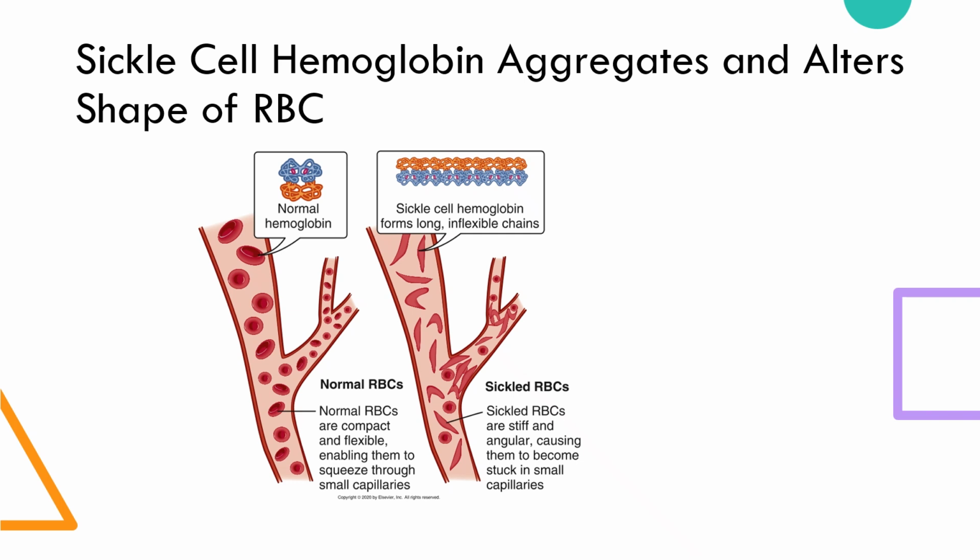The resulting stasis promotes a self-perpetuating cycle of local hypoxia, deoxygenation of more RBCs, and more sickling. Circulating sickled cells are hemolyzed by the spleen, leading to that anemia.